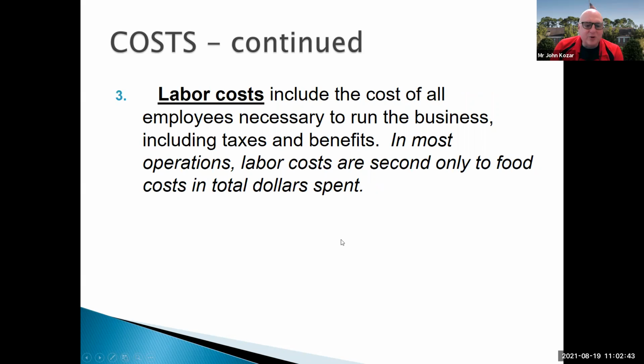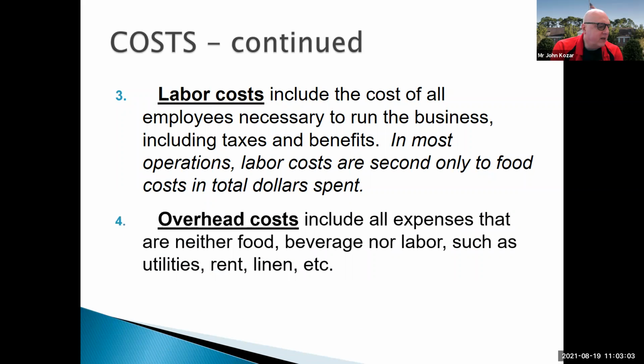Next cost is labor costs. That includes the cost of all employees necessary to run your business, including taxes and benefits. And like I said earlier, that's going to compete with your food cost as the major cost in your restaurant. The last category is overhead costs.